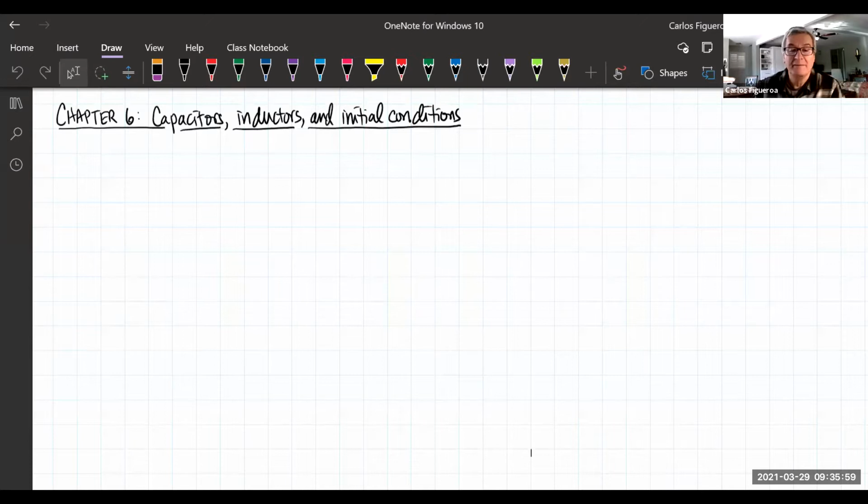Okay, here we go. Let me find my OneNote. Capacitors and inductors and initial conditions.